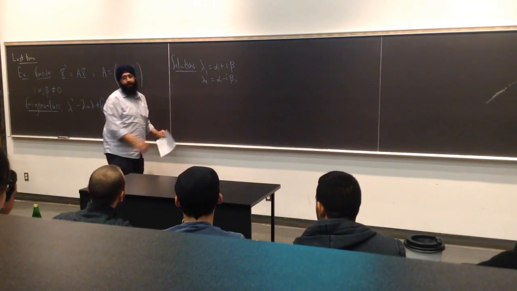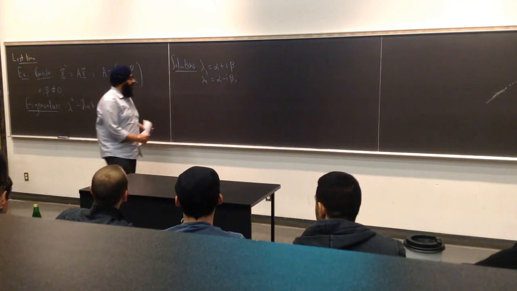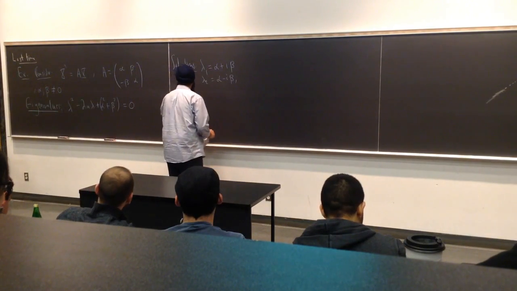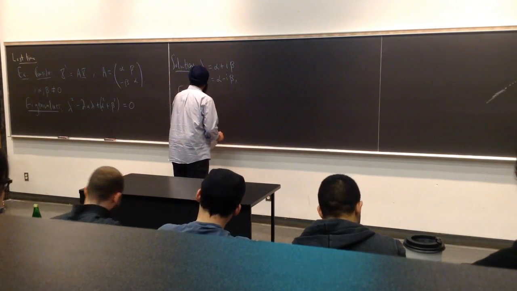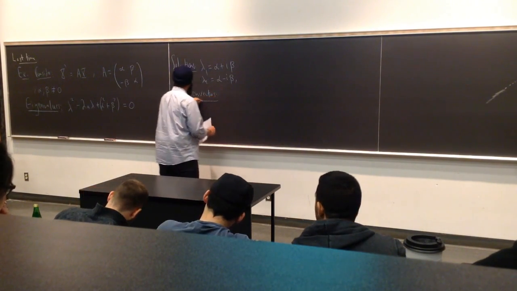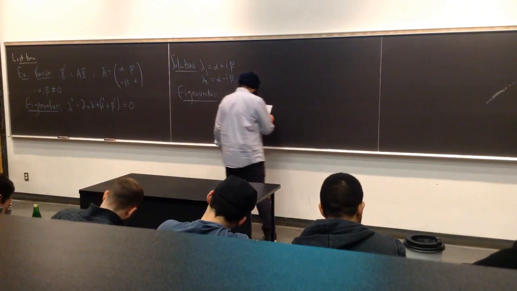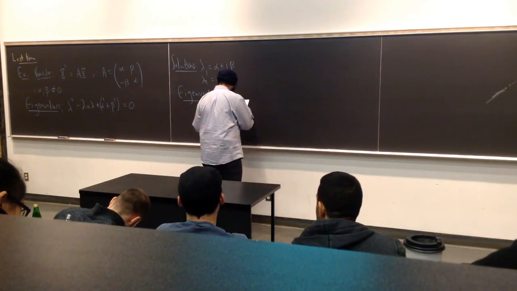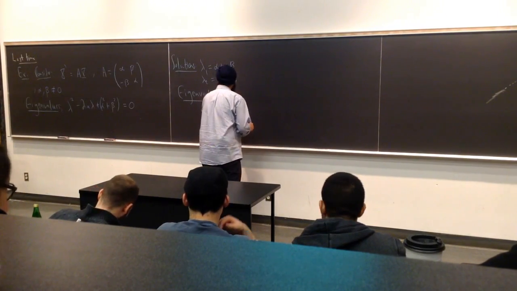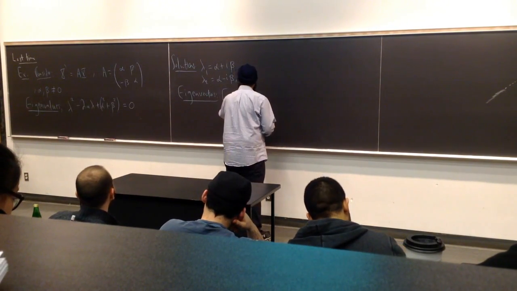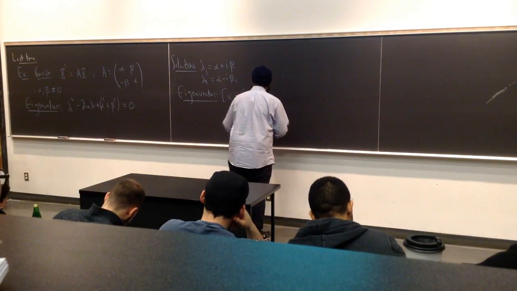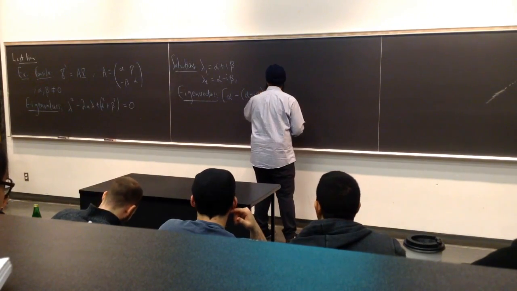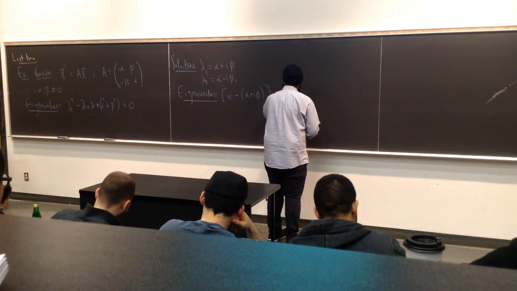Okay, so these are the eigenvalues of the matrix. And of course we need the eigenvectors. You can find the eigenvectors by solving the following equation: alpha minus alpha plus i beta, times x, plus beta y.